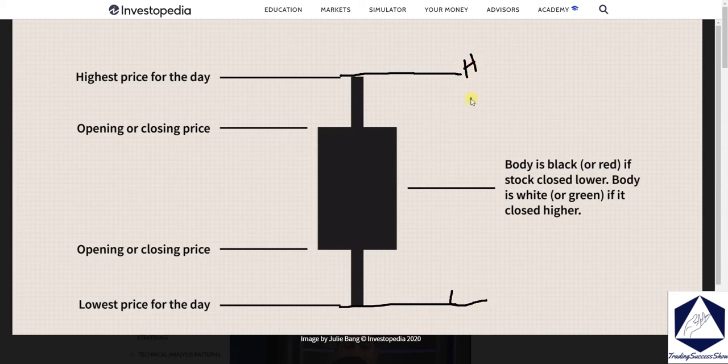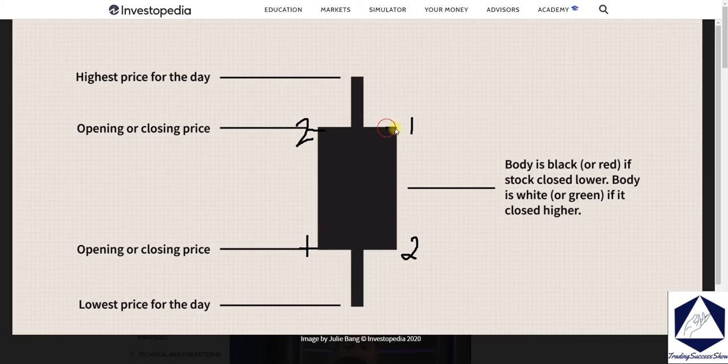So right now we have where the candle opened and where the candle closed. The candle can close here or the candle can close here. Sometimes I refer to these as candle closing number 1 or candle closing number 2, vice versa. So this can be the close or this can be the close.